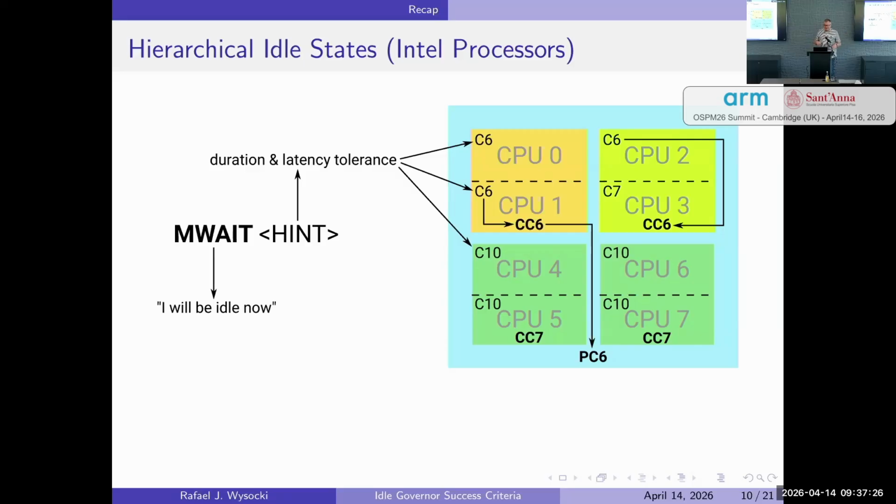So there is a hierarchy of different units in an SoC or processor. Sorry, when I say CPU, I mean a logical CPU from the kernel perspective. So a CPU can be an SMT thread or a core or one thread.